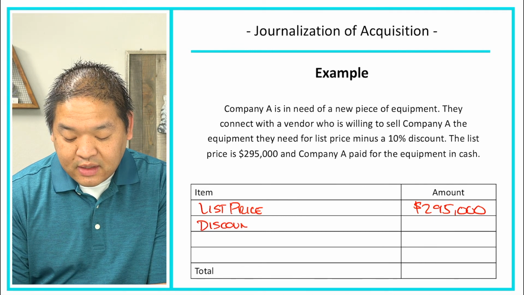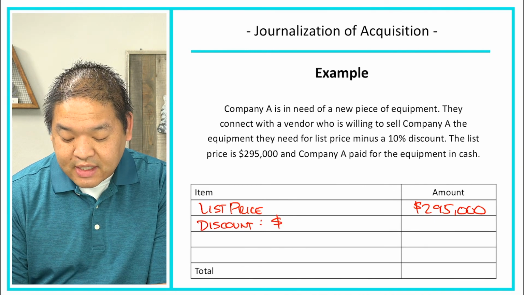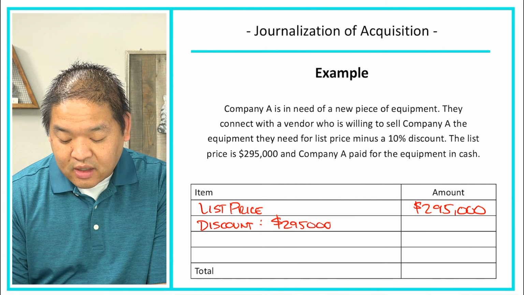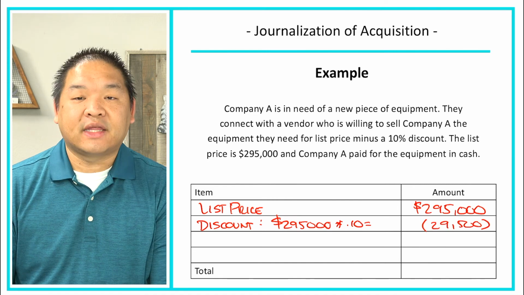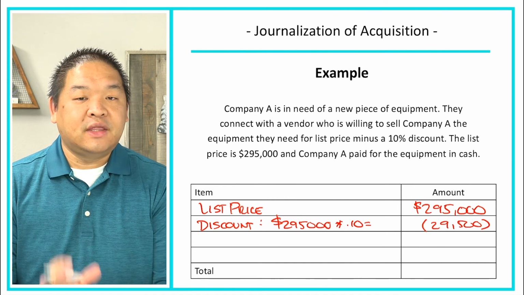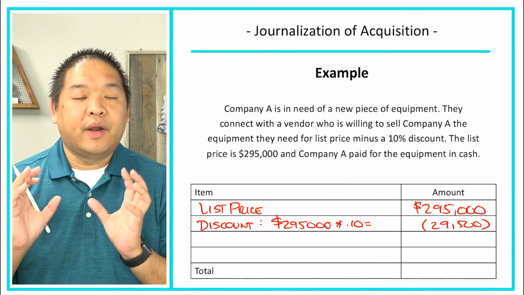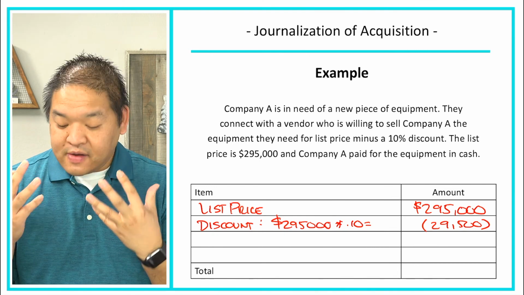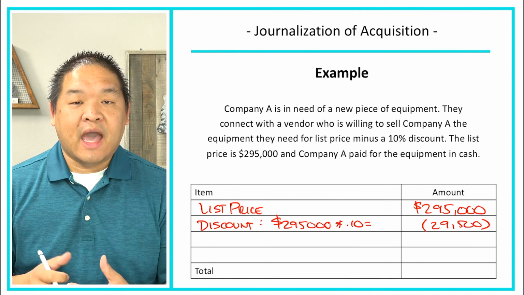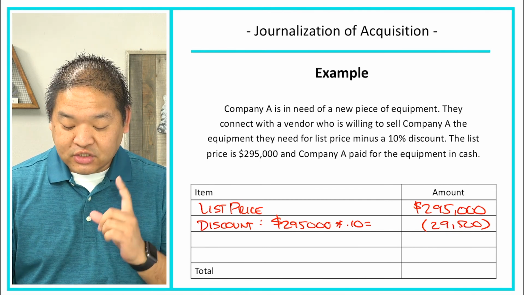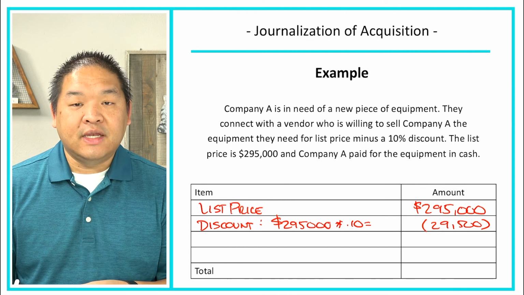Our discount here is 10%. So $295,000 times 10% gives us $29,500. So we're going to subtract that. And again, I could have just done that and then just used one line, but we want to break it down. That way you have notes of how we calculated the end cost that we're going to capitalize into our books. All right, so that's what that looks like here for the initial purchase.